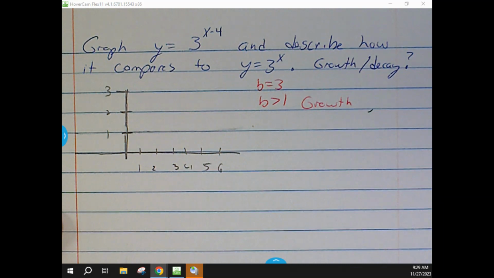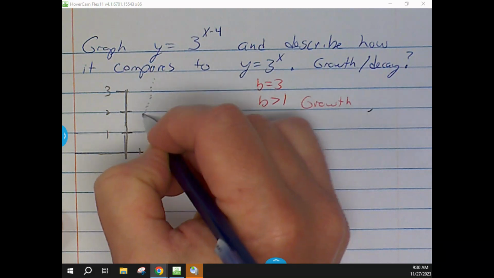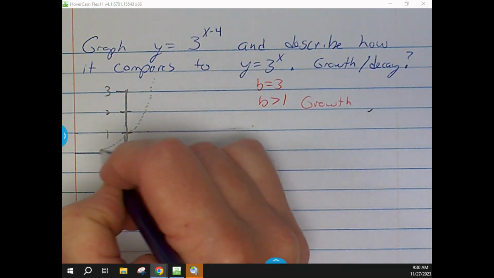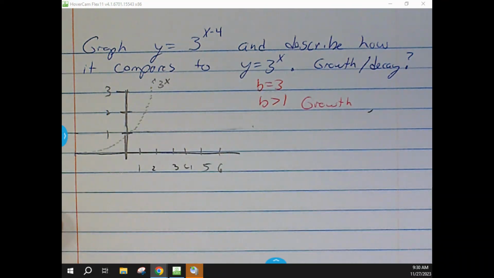Just to get an idea, if we were just graphing y equals 3 to the x power, it would look kind of like this, and I'm doing it dashed so we can see what this would be. So that would be 3 to the x, it would look something like that.